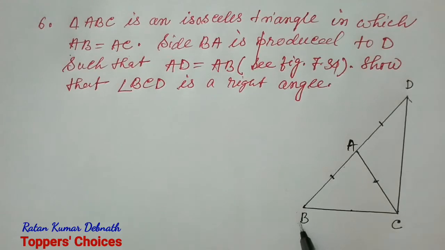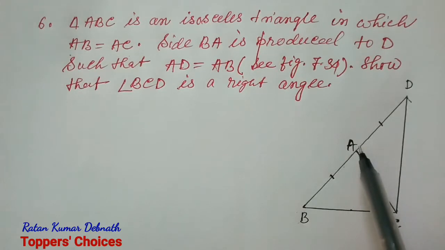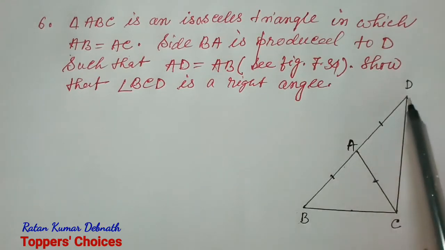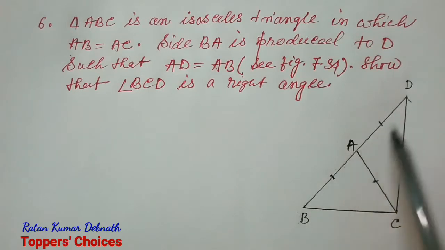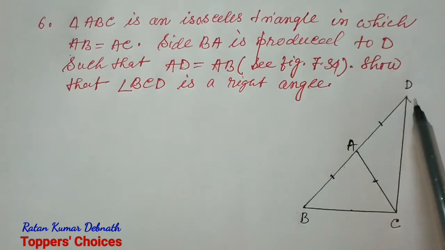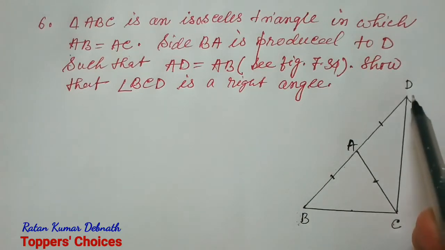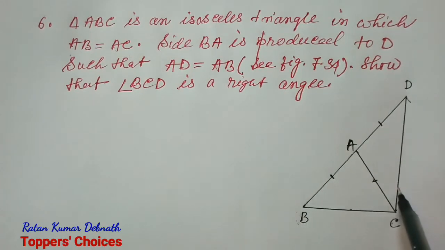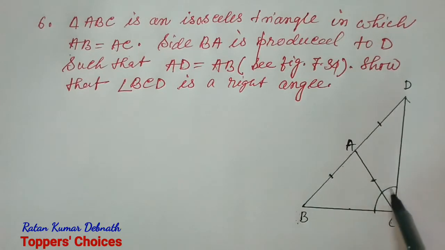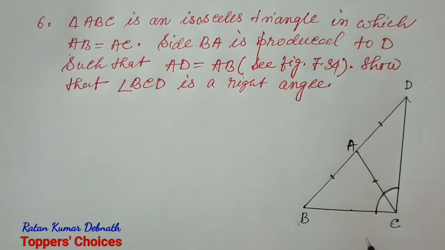And BA is produced to D such that AD equals AB. We have to show that angle BCD, means this angle, is a right angle, means 90 degrees.